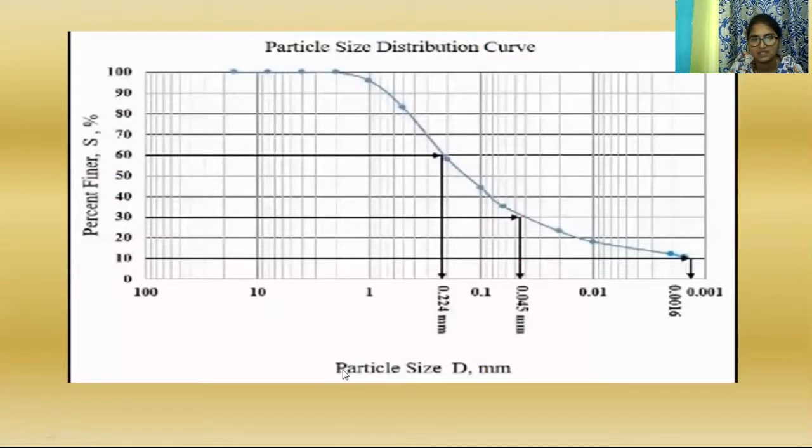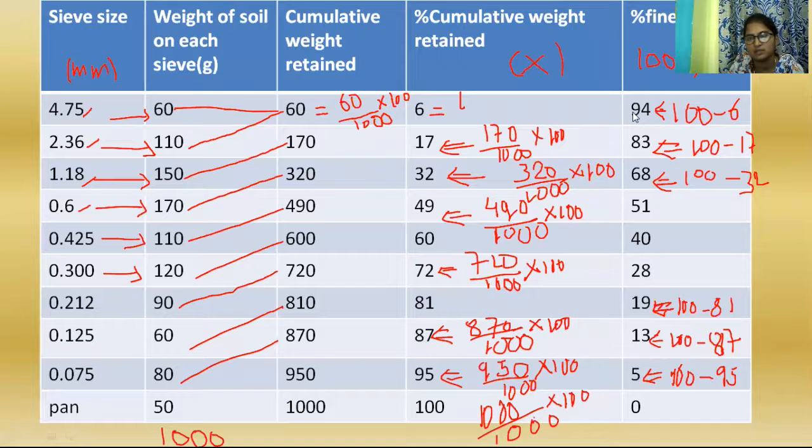Particle size, that is the sieve sizes, on the x-axis and percentage finer on the y-axis. For the first sieve the value is 94, then the next value is 83.